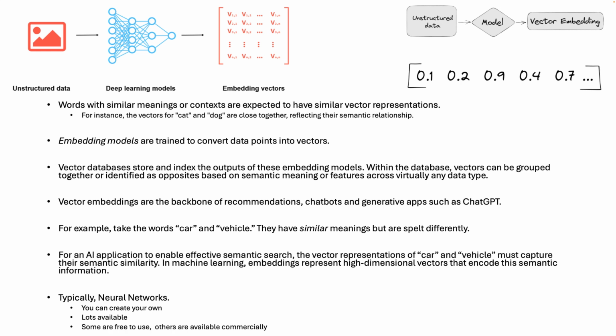When we start applying this across all our different data, we can start finding not just text like individual words like cat and dog, but we can actually have sentences and paragraphs and whole documents or images.